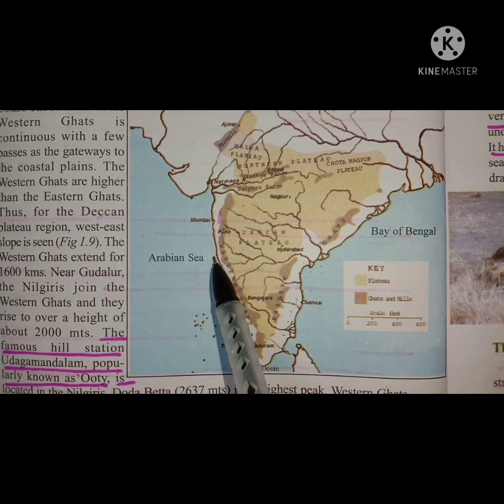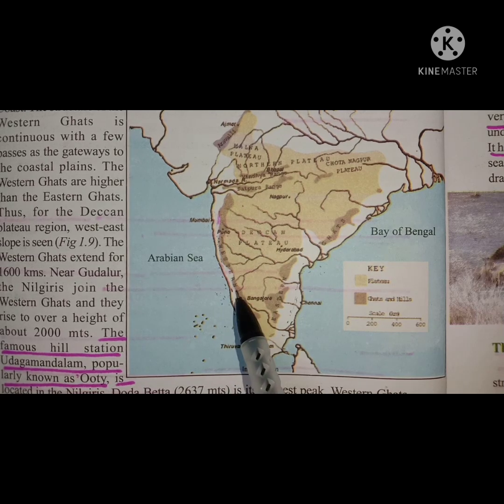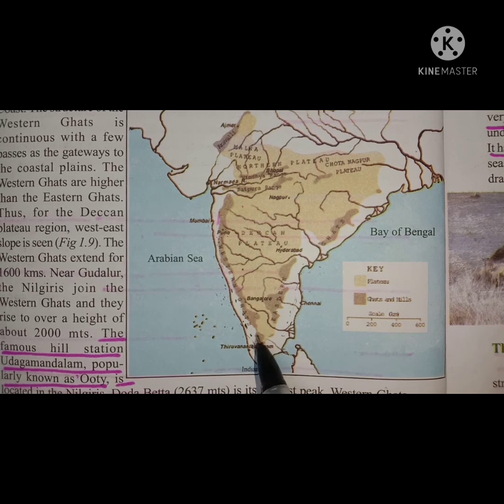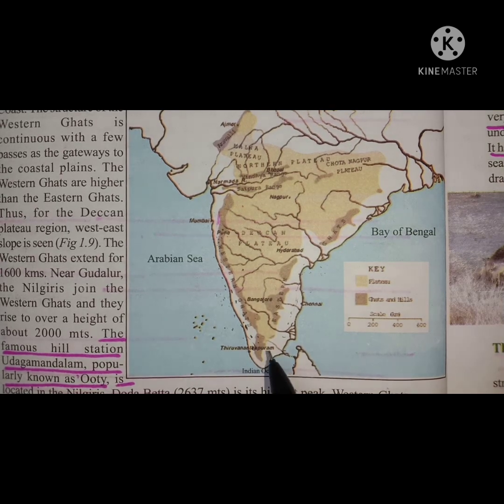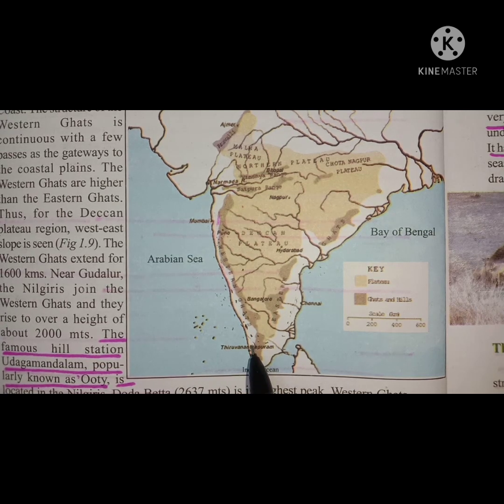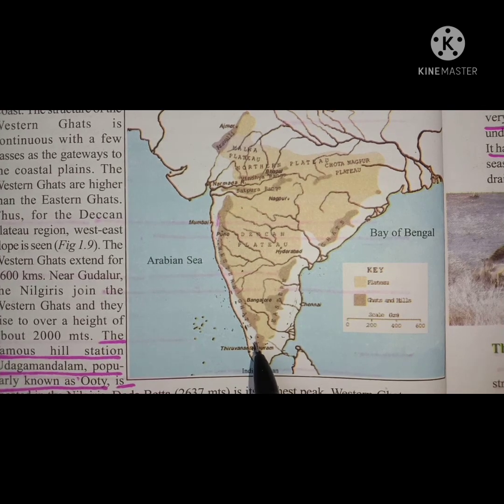The famous hill station Udhagamandalam, popularly known as Ooty, is located in the Nilgiris. Dodabetta is the highest peak in the Western Ghats. The Western Ghats include Annamalai, Palani and Cardamom hills.